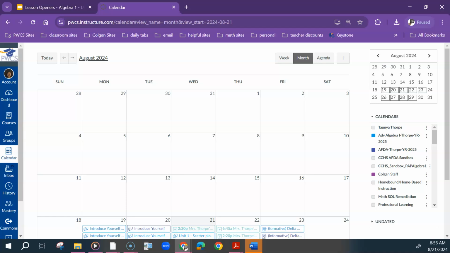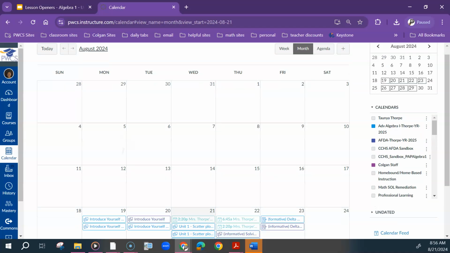So yours, I think, is at the bottom. It says calendar. So you'll be able to see your course dates, and if you have Canvas on your phone at home, you can look and see that.